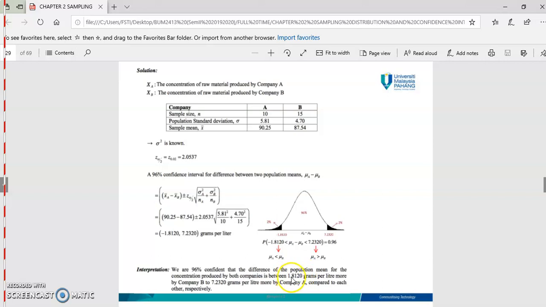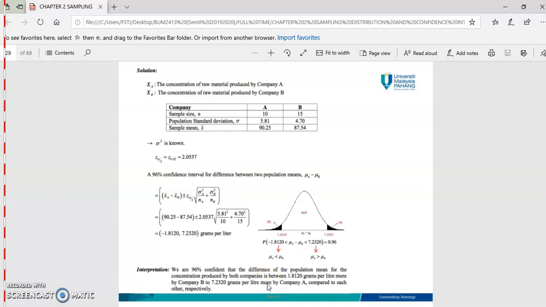So 1.8120, the lower boundary here, grams per liter more by company B. So we mention B first, because here it is A minus B. So the lower boundary is more by the second population, which is company B, to 7.2320 grams per liter more by company A, compared to each other respectively.